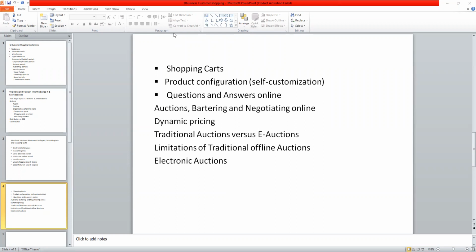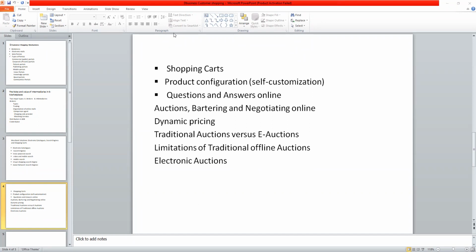Now, traditional offline auctions have several limitations. They last for very few minutes, or maybe a few seconds. Within this small time frame, the buyer has to make up their mind and decide whether to go for the bid or not.